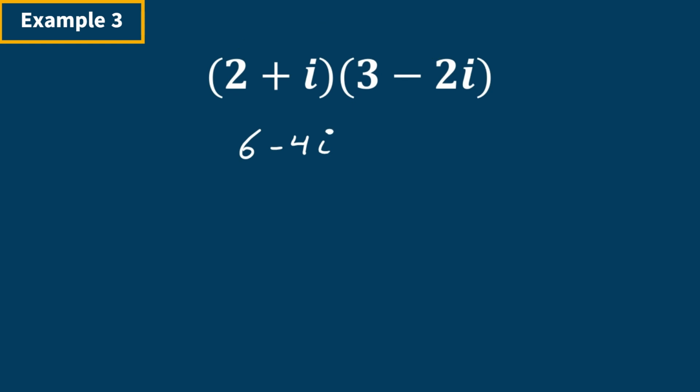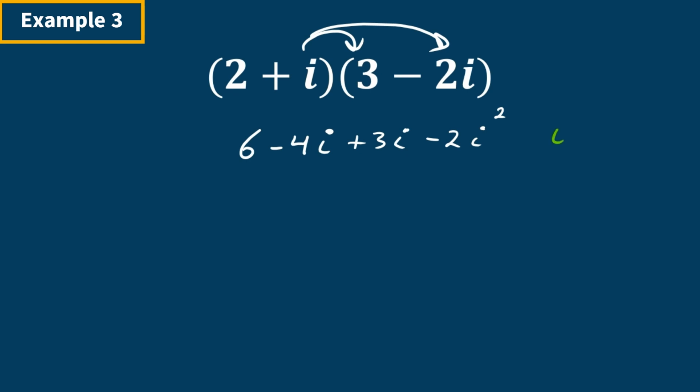From here, since we multiplied the 2 by everything in the other binomial, we're going to multiply the i to both of these numbers as well. So i times 3 is positive 3i, and then i times negative 2i is negative 2i squared.